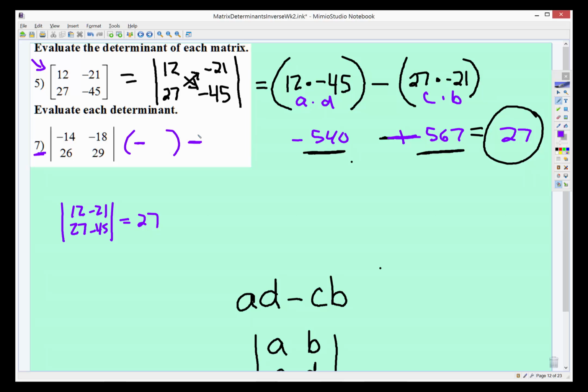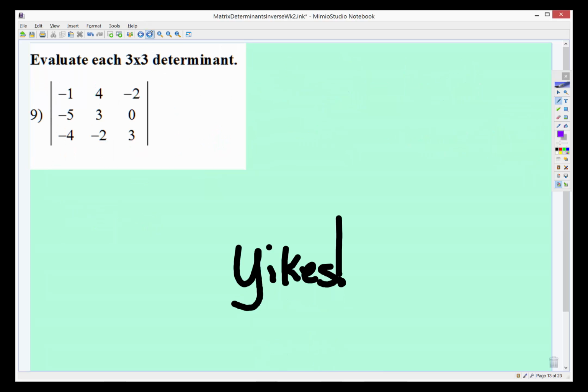We're going to subtract 26 times negative 18, and that's also going to be a negative number. So you're going to have a negative number plus a positive number. And depending on which one's bigger, if negative 14 times 29 is larger than 26 times negative 18, then the answer will be negative.